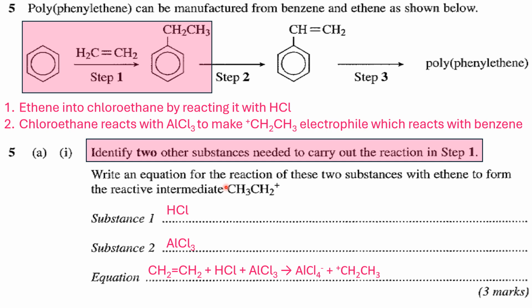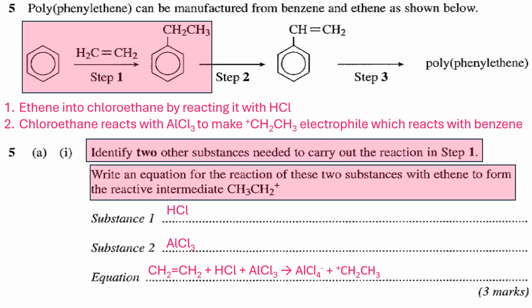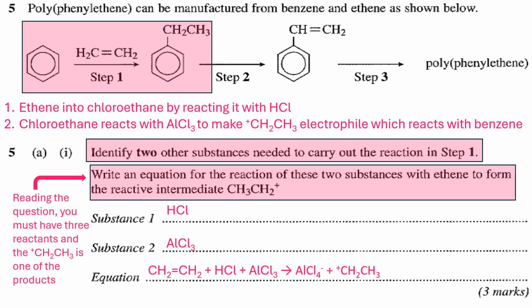So you can see the way they've done it in the question. They've put the positive charge by this carbon. They've not put it over here. So I'm following their lead. Just to reiterate how we process this, you must have 3 reactants and the CH2CH3+ is one of the products.